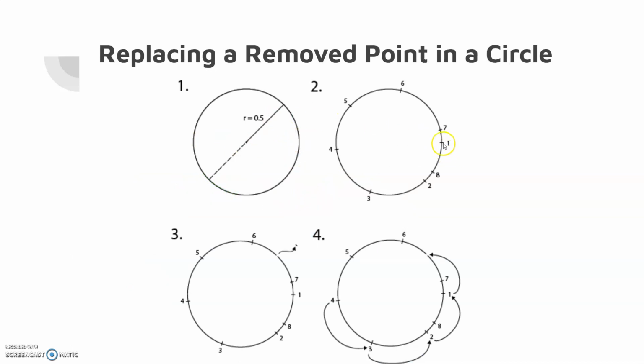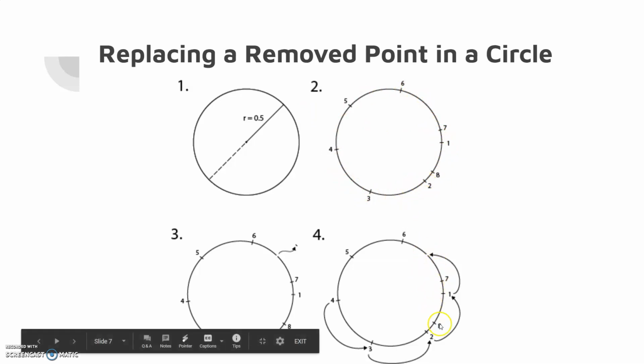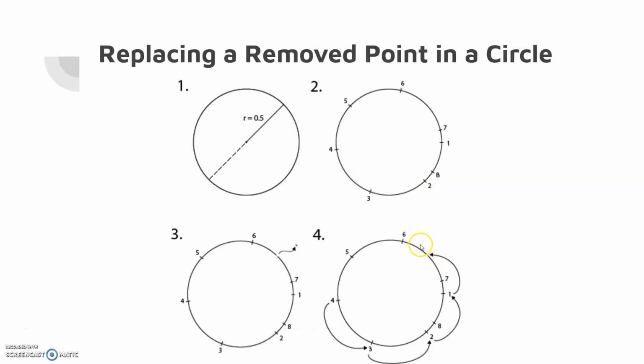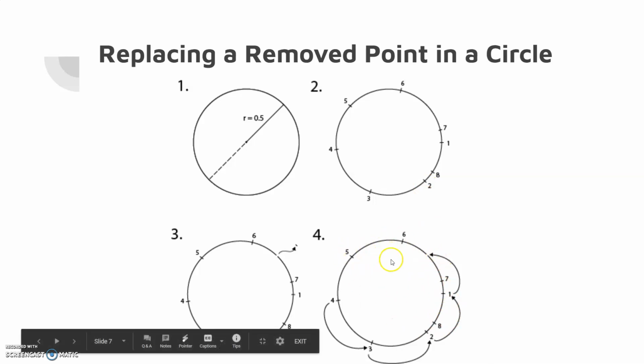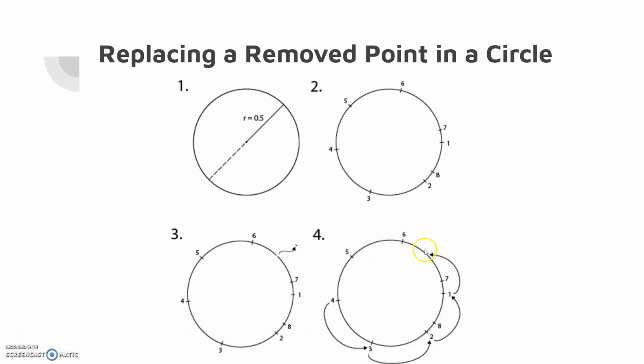But in the circle, we made a countably infinite number of points with this method. Well, the entire circle is actually an uncountably infinite amount of points.